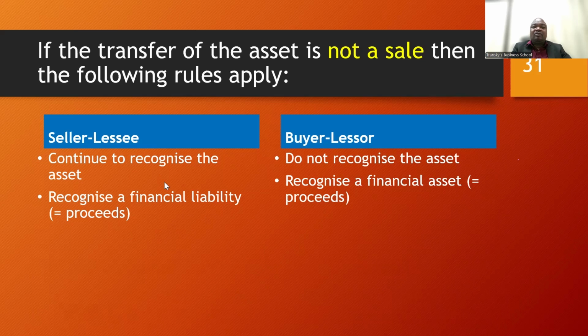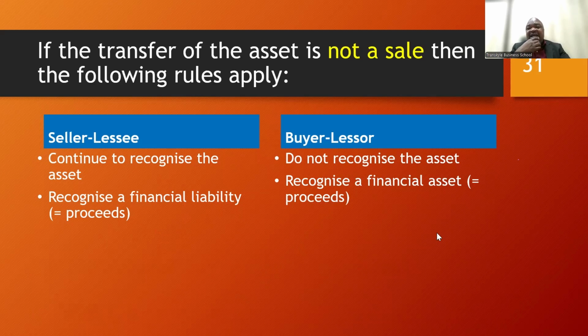Why a liability? Because in that situation, whatever money he obtained was just a simple loan. He had just borrowed money and used his property as collateral. So you need to recognize a liability, but at the same time, continue to recognize his asset the way he was recognizing it.